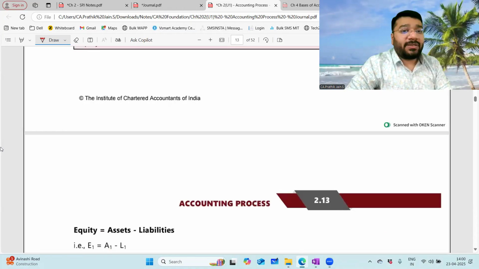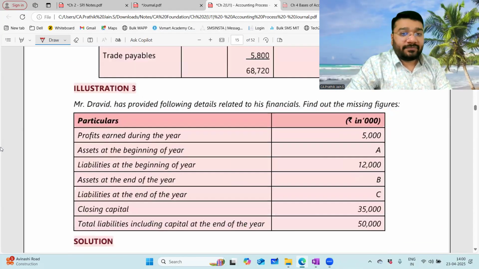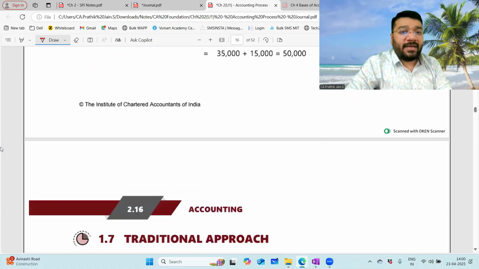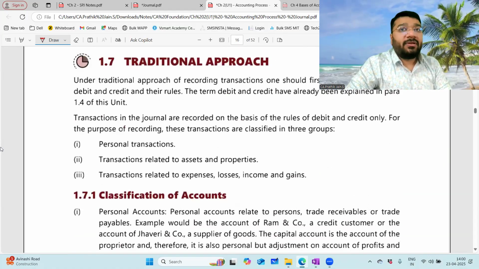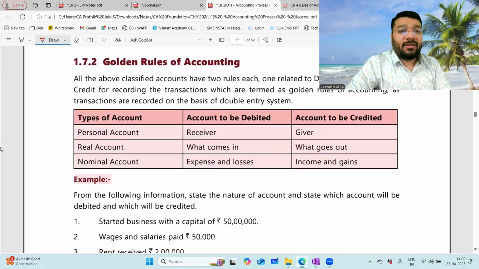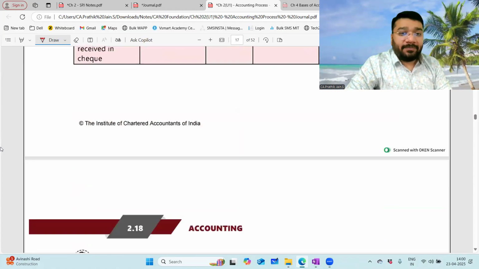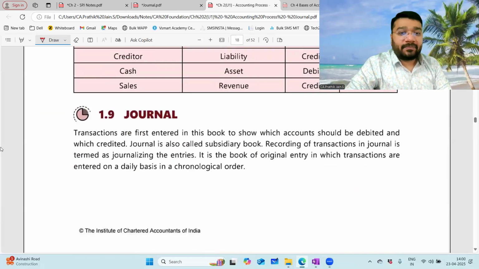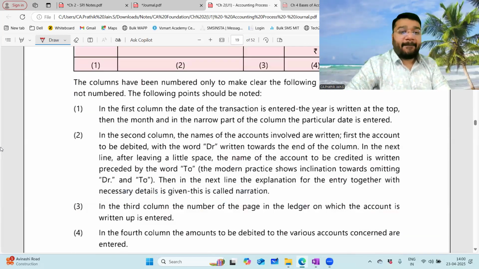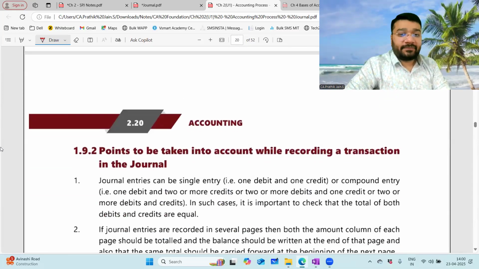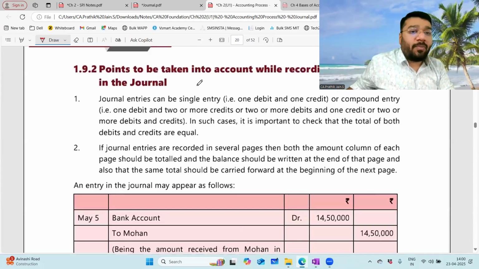Anywhere you've seen the reversal of purchase so far? Illustration 3. 1, 2, 3 we have not done. We've done from the fourth one. This is what approach? Traditional approach. Golden rule. What rule? Golden rule. Golden rule example. Modern rule. Journal. Journalizing process. Journal format. Points to be taken into consideration. One debit, single entry, compound entry.